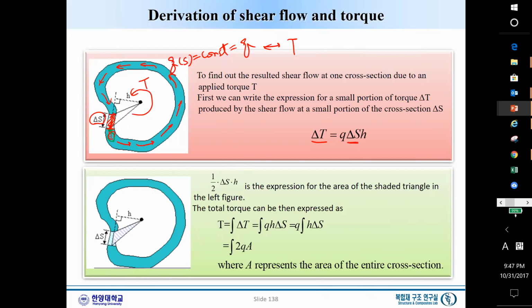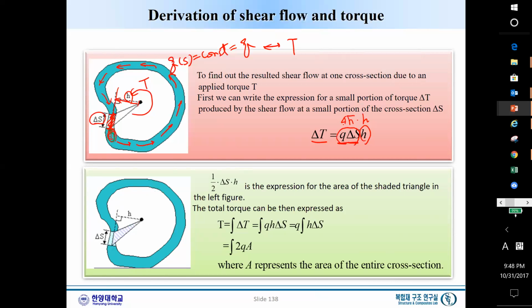Delta S is the length along this line, and Q times delta S gives us a force, delta F. Now there is a vertical distance from this line, so this is the H. So force times this distance H will give us this torque.